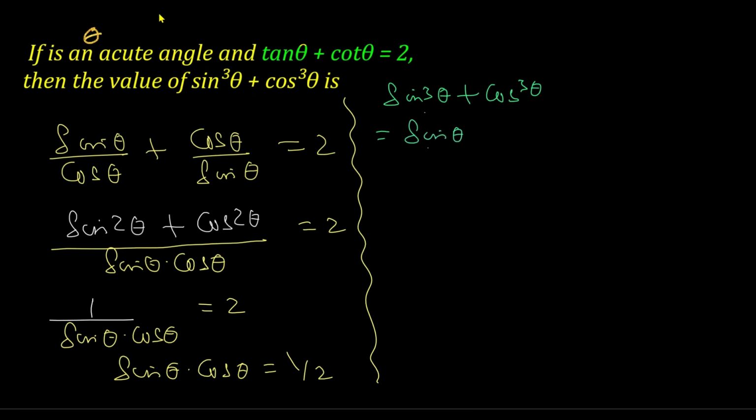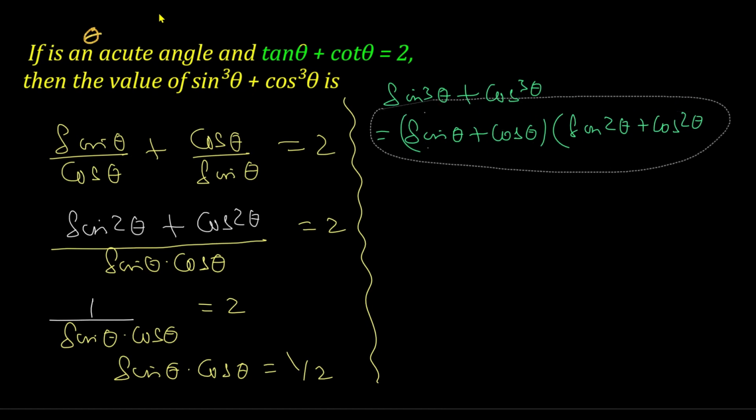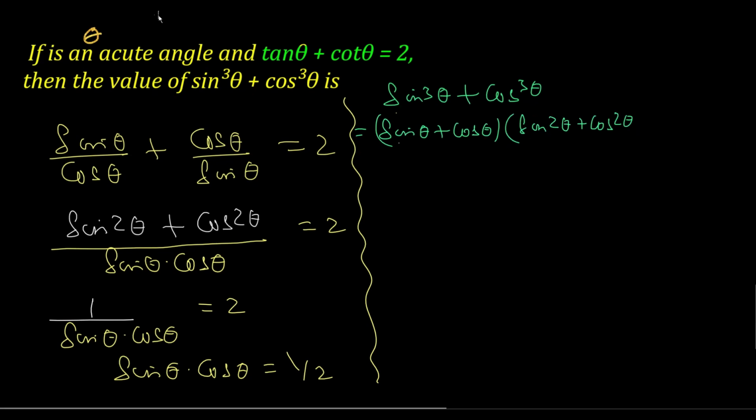This is a plus b, bracket a square, which is sine square theta plus cos square theta, and then minus ab, that is minus sine theta multiplied by cos theta.